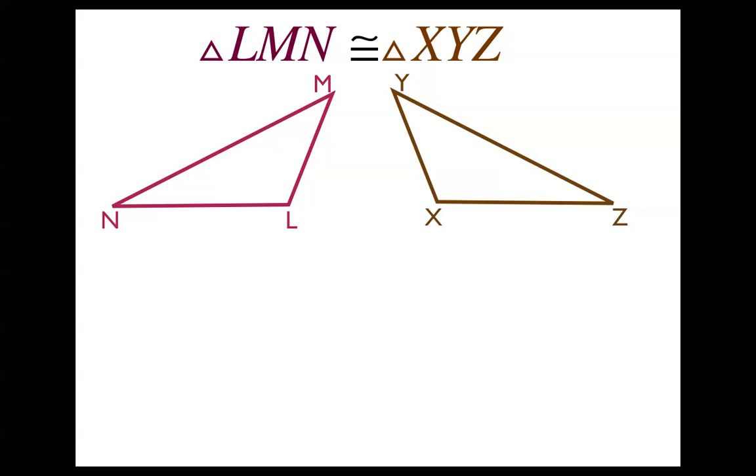The thing that you need to know about congruence statements is the order of the letters really matters. Okay? So if we said that triangle LMN is congruent to the other triangle, we would have to follow that same order, X, Y, Z. You couldn't say LMN is congruent to YZX.